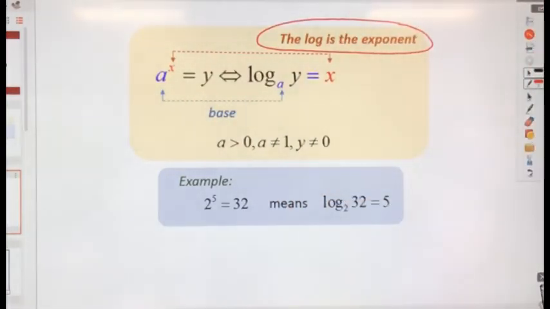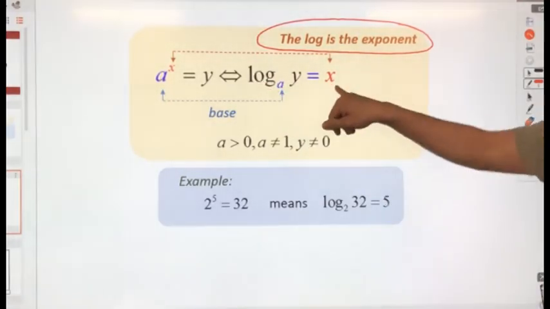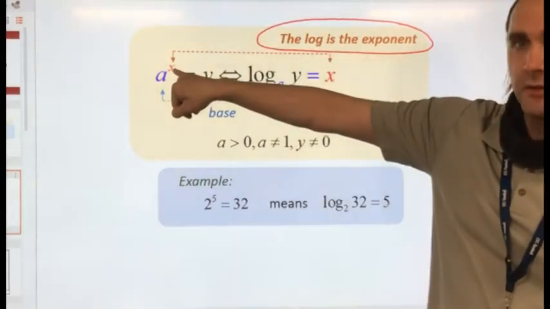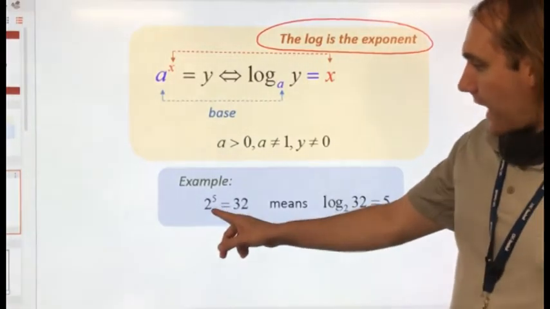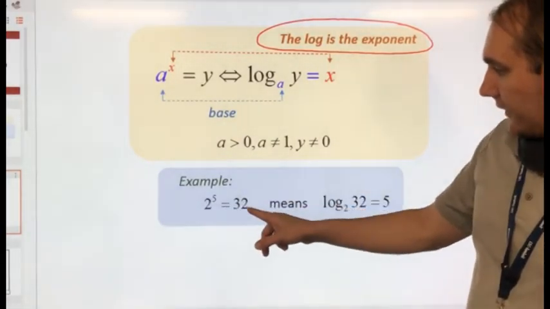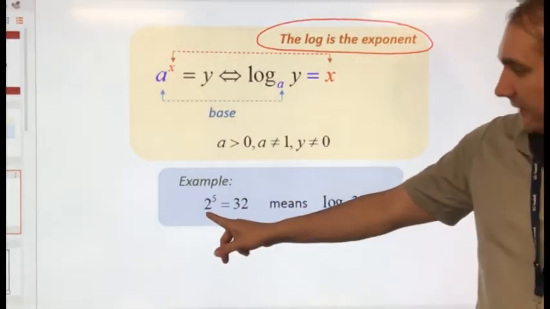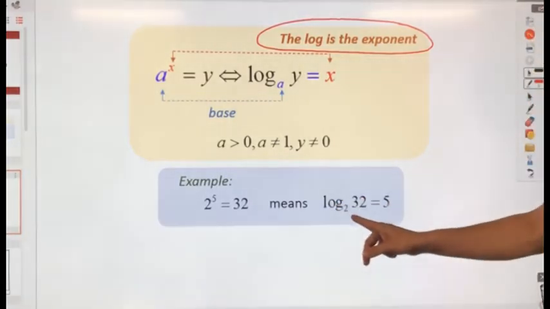So if you're going to remember anything from today, remember this. Logs equal your exponent. That power. Logs equals power. For example, I want to convert 2 to the 5th power equals 32. So I have a base of 2, so it's log base 2.